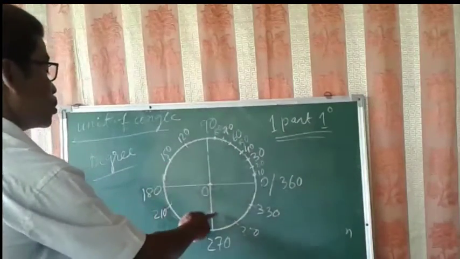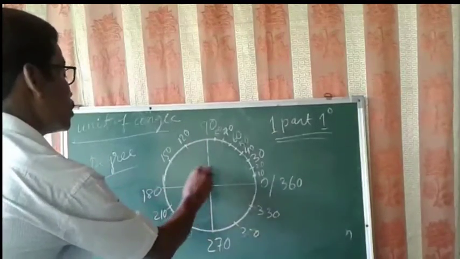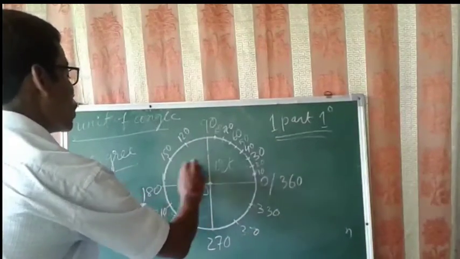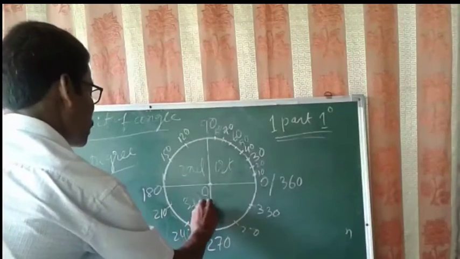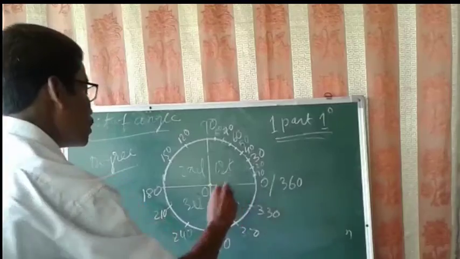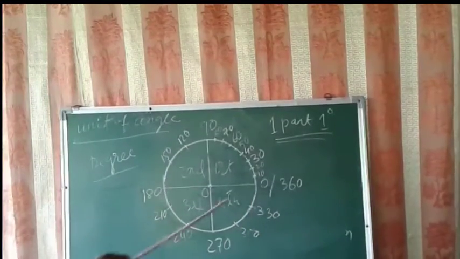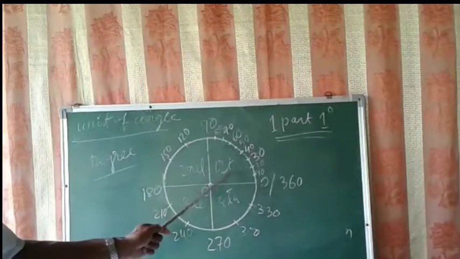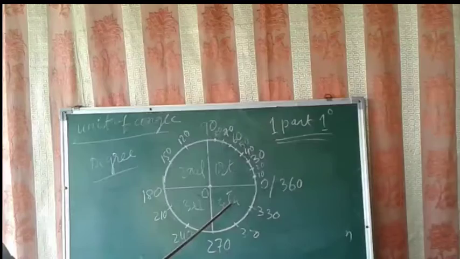Here is a circle whose center is O, and this circle we first have to divide into 4 equal parts. Every part is known as a quadrant. It is the first quadrant, second quadrant, third quadrant and fourth quadrant.